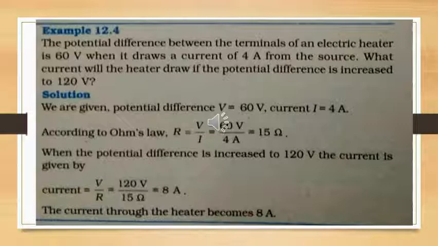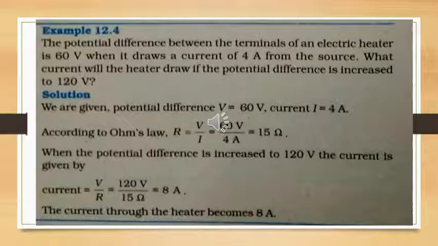The potential difference between the terminals of an electric heater is 60 volt when it draws a current of 4 ampere from the source. What current will the heater draw if the potential difference is increased to 120 volt? Here two different cases are there, when voltage is 60 and when the voltage is 120.